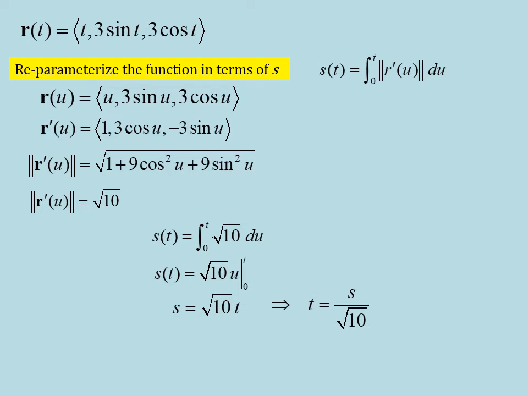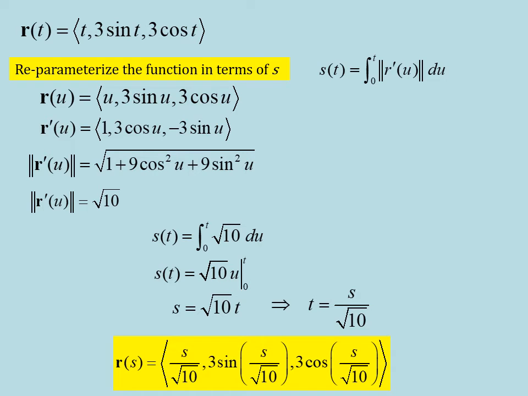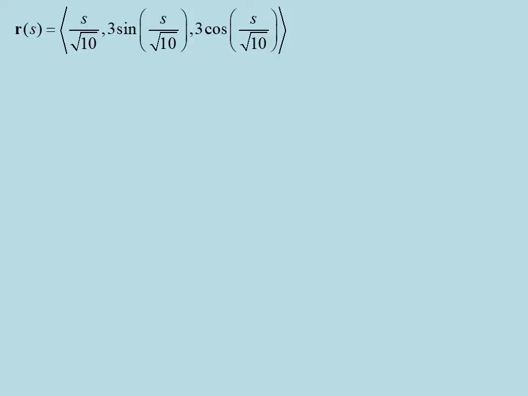And then solve for t. Take the original function, r of t, replace the t with this, and we have r written in terms of s. So we have reparameterized the function in terms of the arc length.